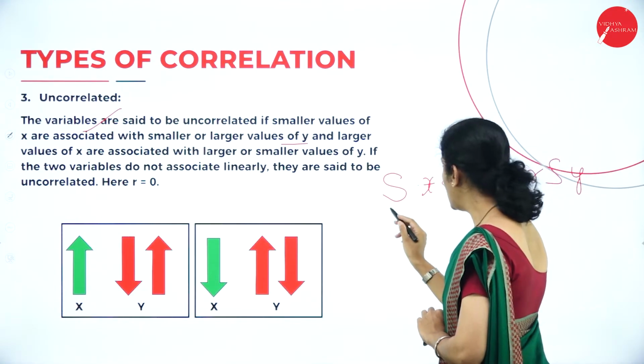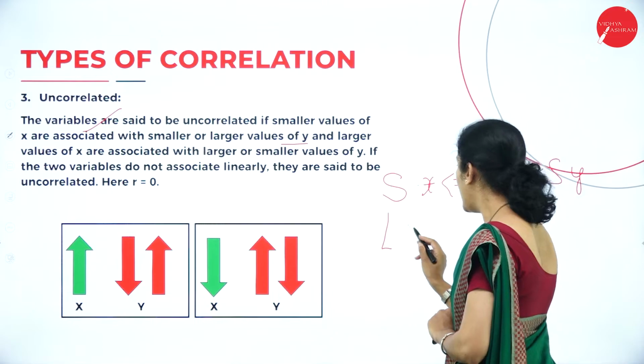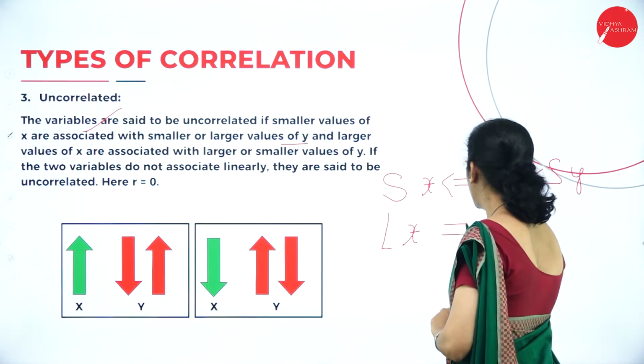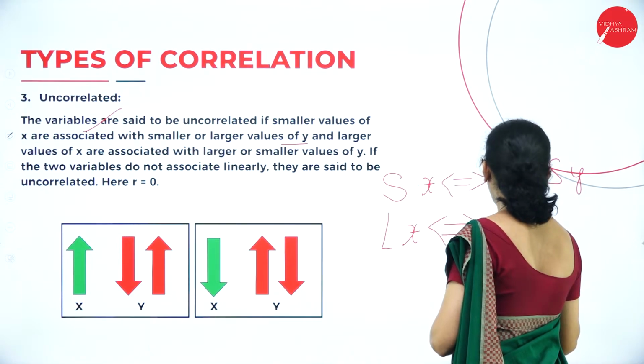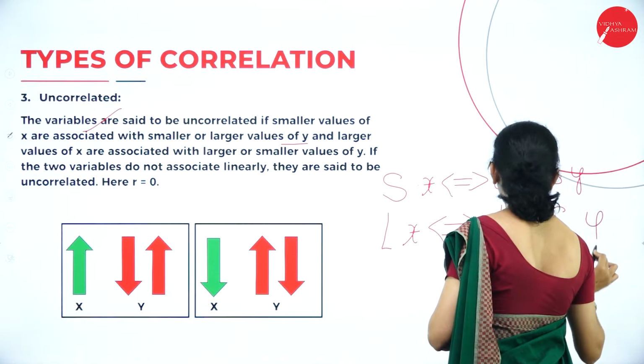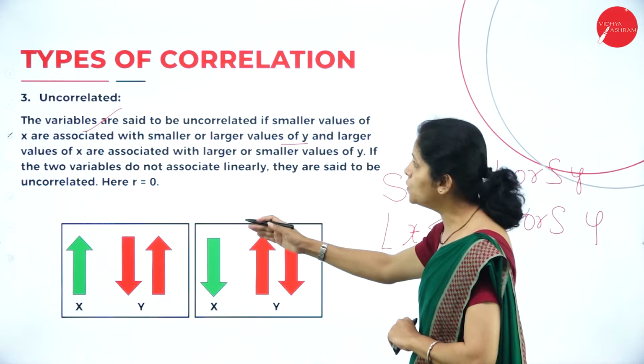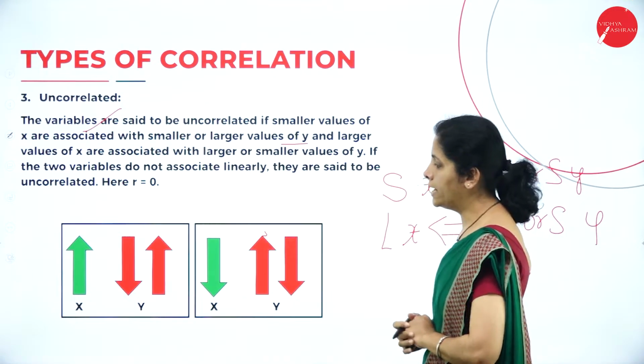The larger value of x is also associated with larger or smaller values of y, and that is known as uncorrelated.